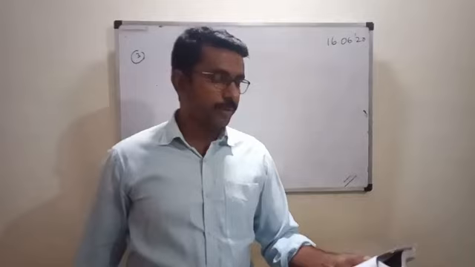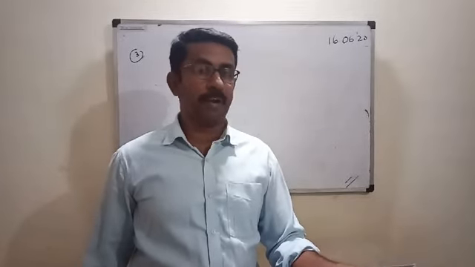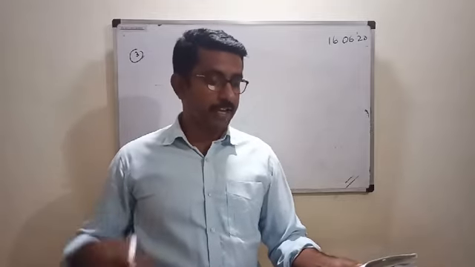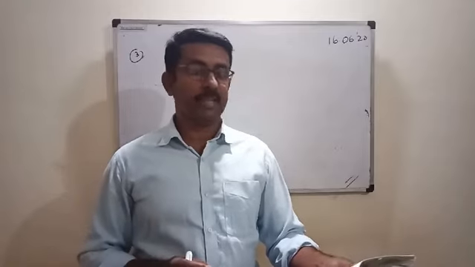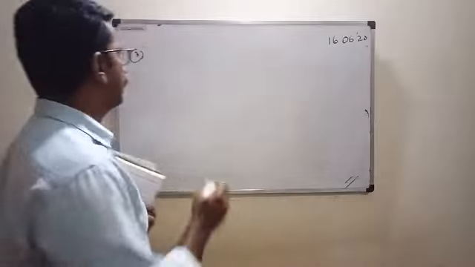By what number should minus 5 upon 11 to the power minus 3 be multiplied? So minus 5 upon 11 to the power minus 3 is multiplied by another number. Then what do we get? We get the product minus 11 by 5 to the power 6. Which number is it?